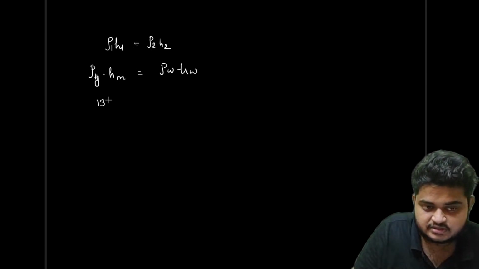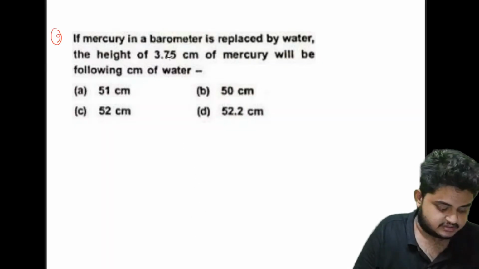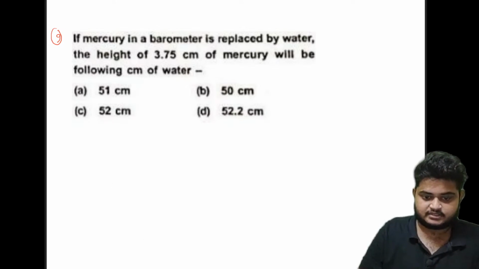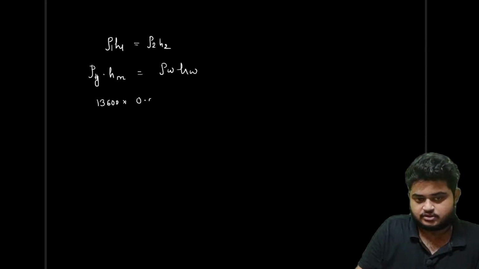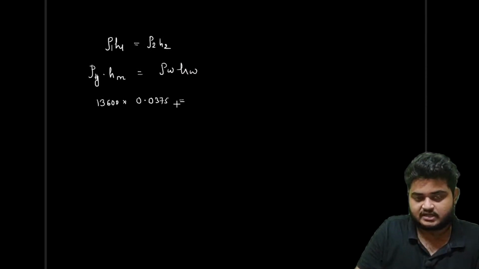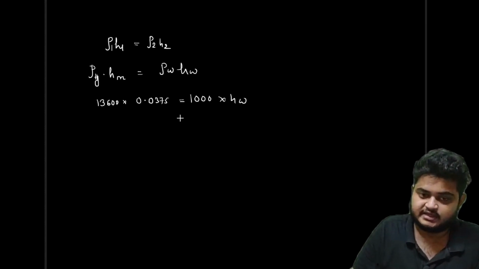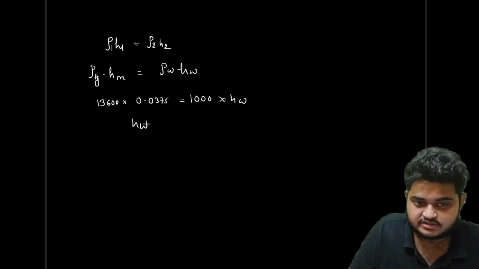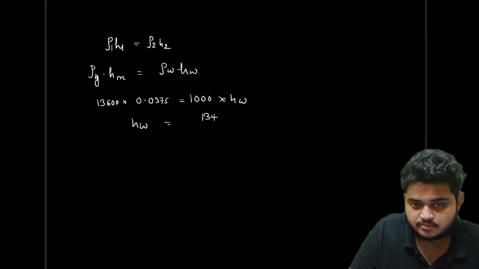So this is 13,600 into, this is given in centimeter, right? 3.75 centimeters. So it will be 0.0375 is equal to, we have to convert that to meter, and this is 1000, and HW we need, and it will automatically come out in meters. So HW will be 13.6.